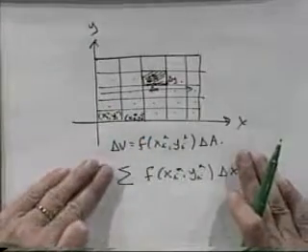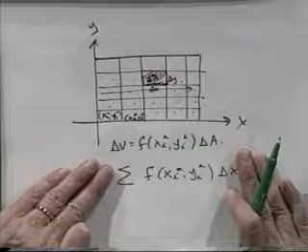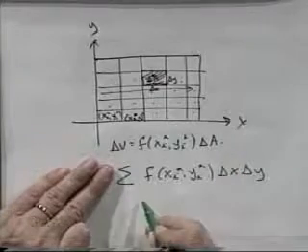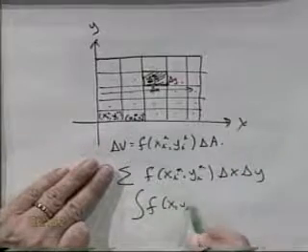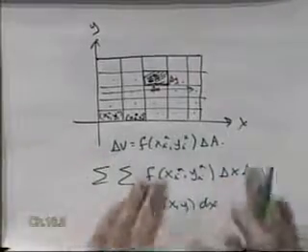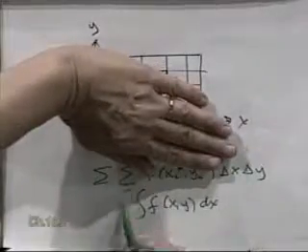If y is constant and I let my delta x's go to 0, back in Calc 1, what does this become? This becomes an integral, doesn't it? As delta x goes to 0, this becomes the integral of f of x y dx, right? And then after we sum each of those up, as we let the delta y go to 0, if we put this in here, this becomes another integral.